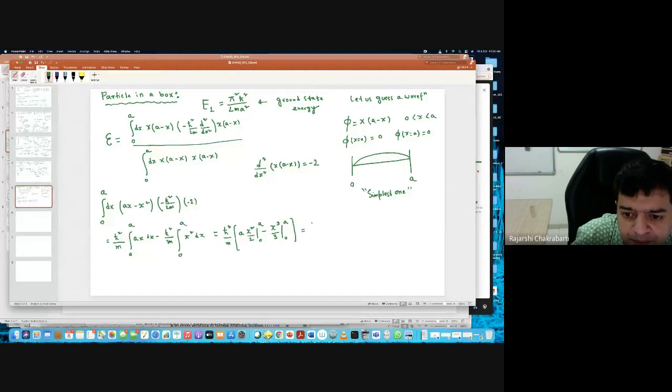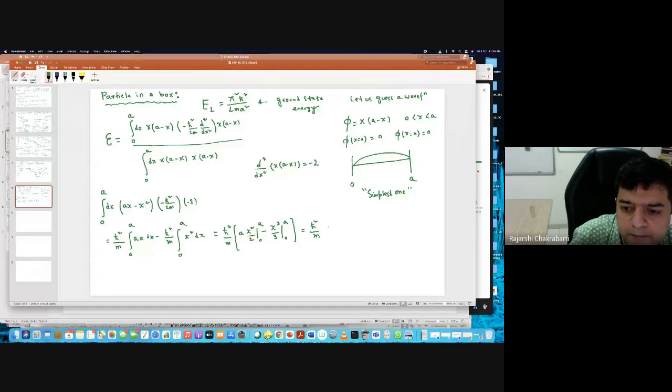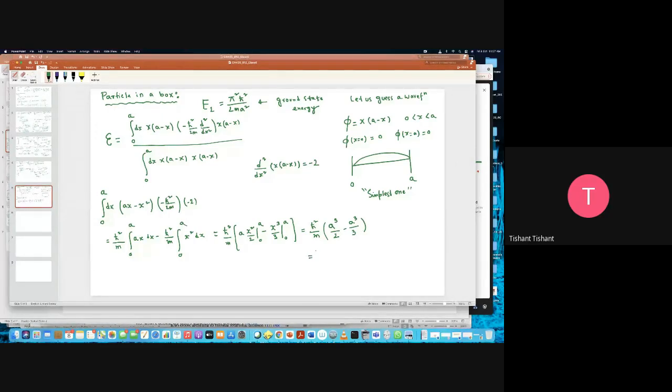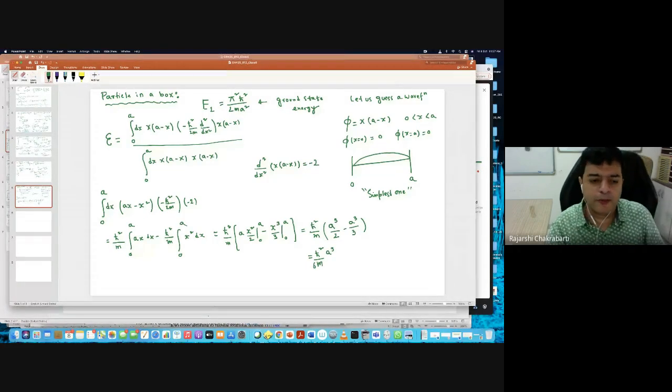What you're going to get is a cube by 2 minus a cube by 3, which is a cube by 6. This is fine, isn't it?